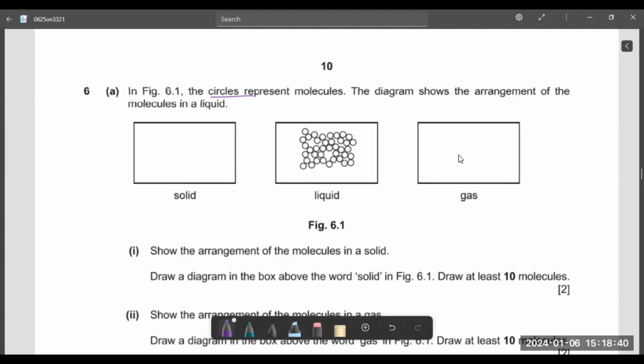We know in solids there is no gap. They will have a regular arrangement, so we draw the molecules with regular arrangement and no gaps. It will be closely packed.